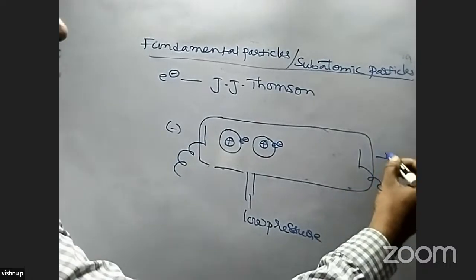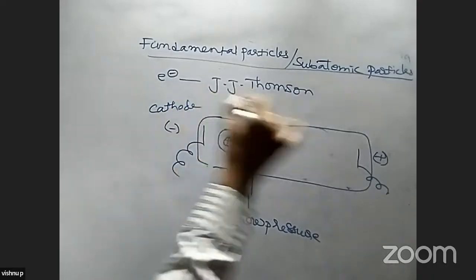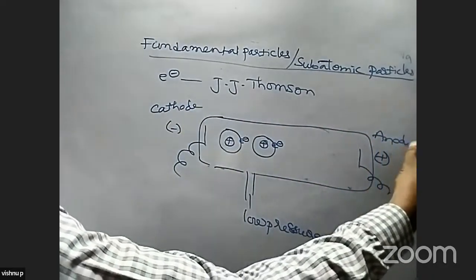It is connected to two electrodes, one negative and one positive. The negative electrode is called the cathode and the positive electrode is called the anode.